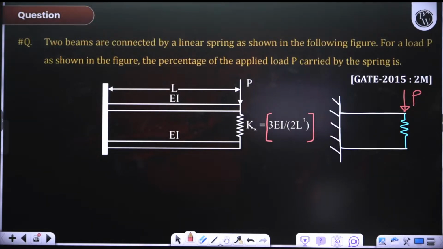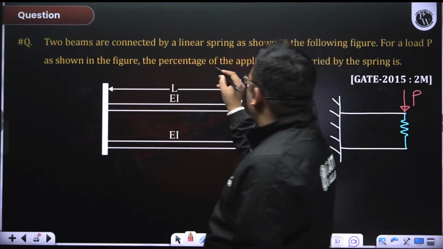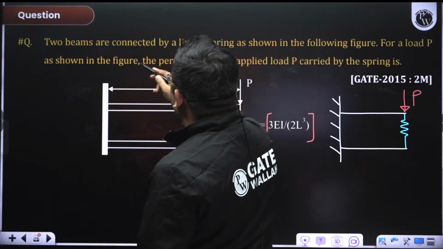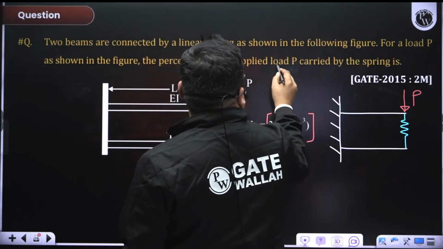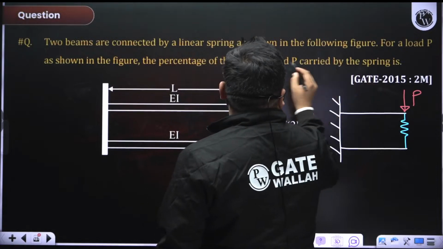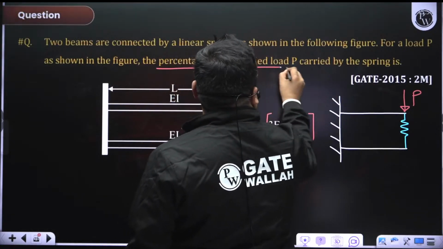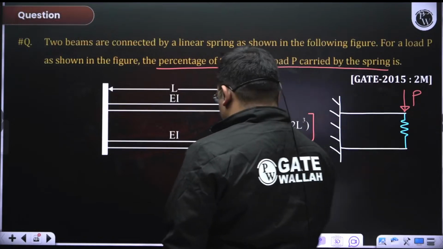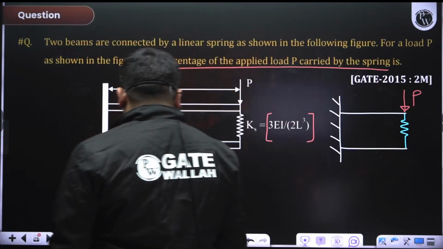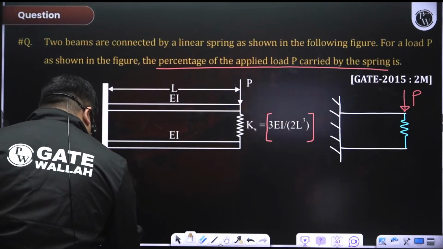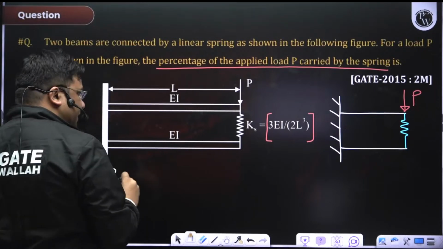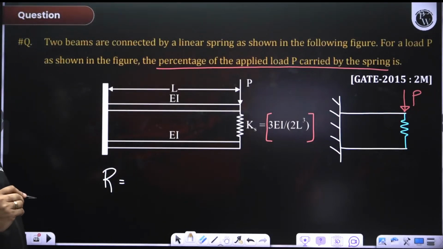Now they're asking, for the load P shown, the percentage of the applied load P carried by the spring. What is the meaning of this? Basically they are asking to find out the reaction force or the spring force in the spring.